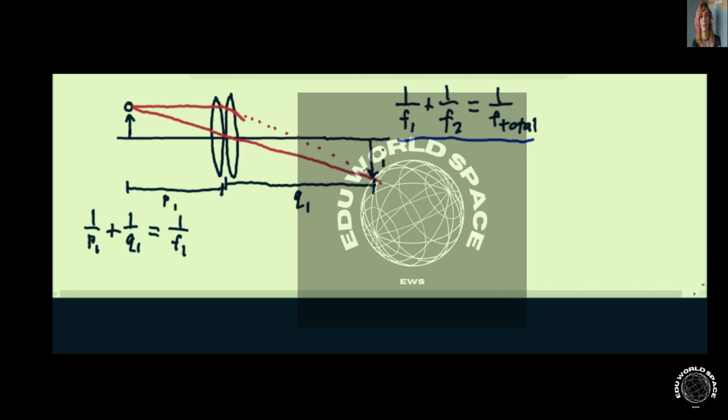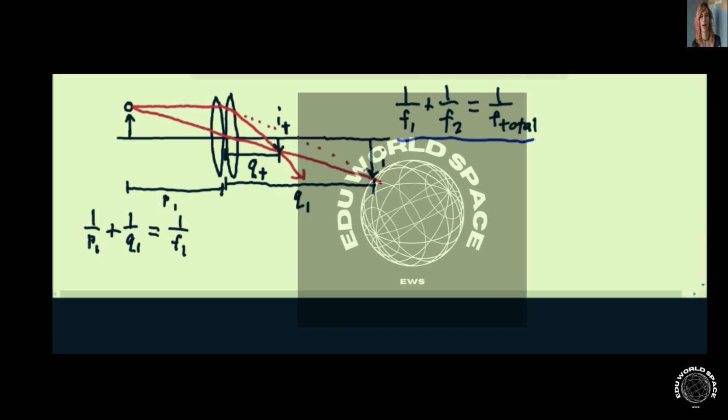And so the actual light path is different, in which you have the actual image formed right here, which we'll name IT for I total. And it's going to have a position. And let's go ahead and label this Q total.